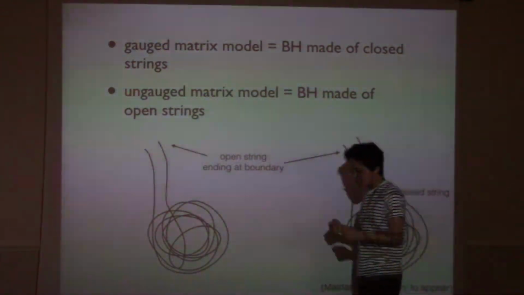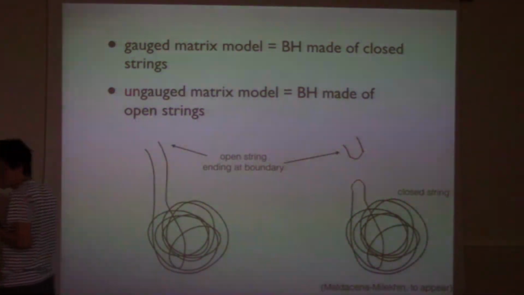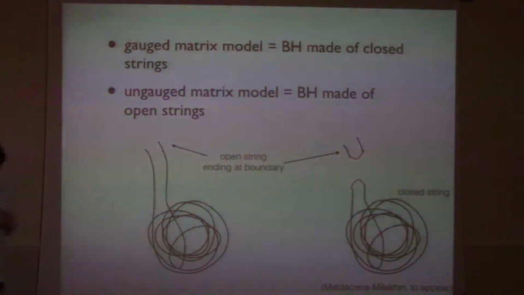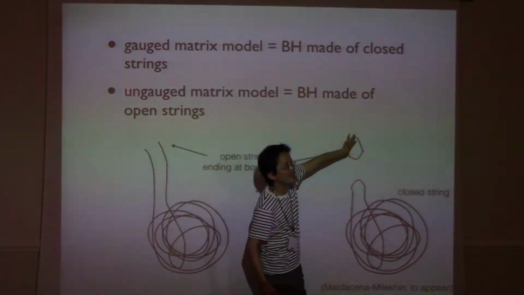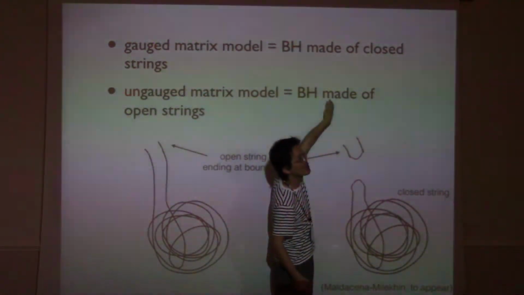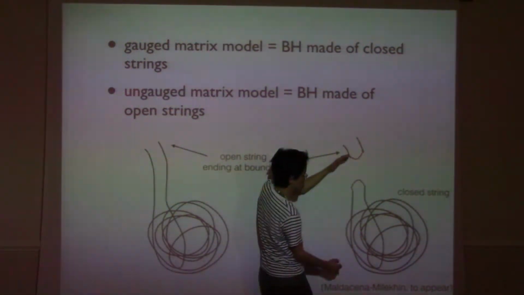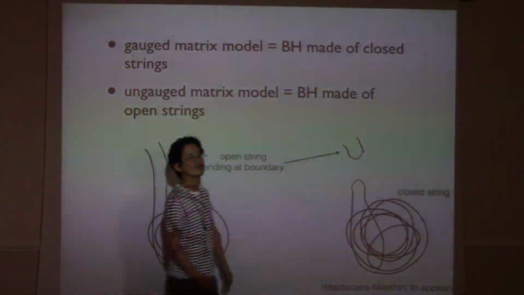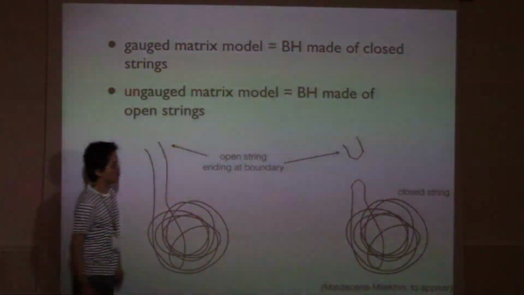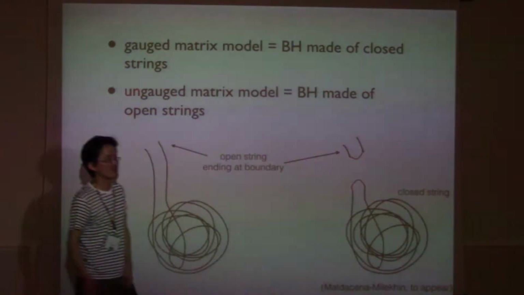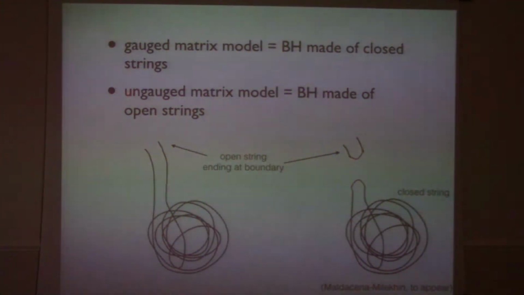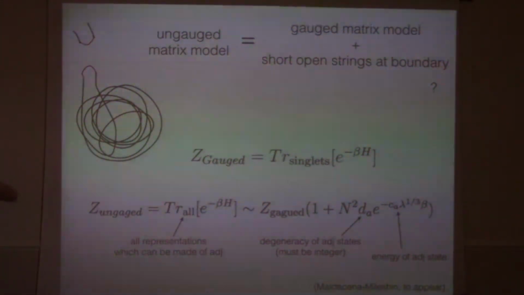And of course, if the string becomes shorter, energy goes down. So the string wants to become shorter. This open string attached to the boundary just shrinks and shrinks and almost disappears, and the other piece just goes towards the black hole itself. So it should just look like the usual closed string. So the gravity dual should be the usual black hole described by the gauged matrix model plus some short open strings hovering near the boundary.